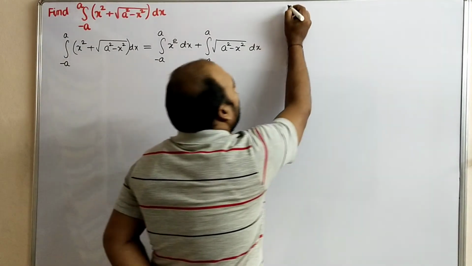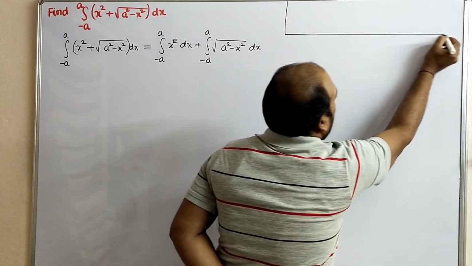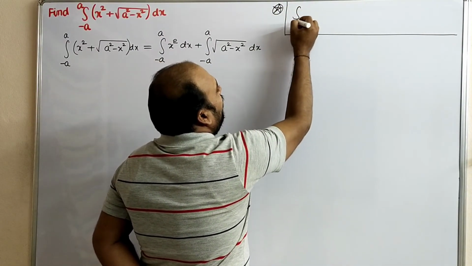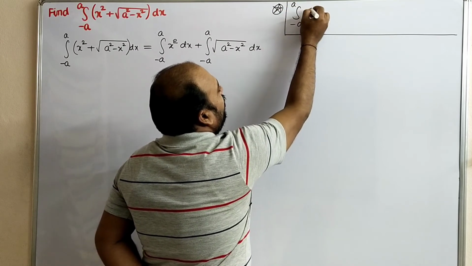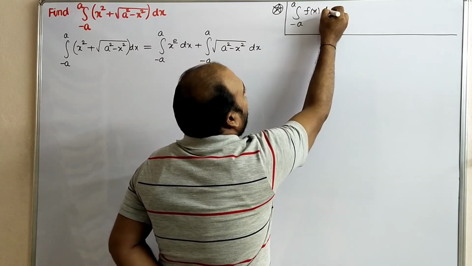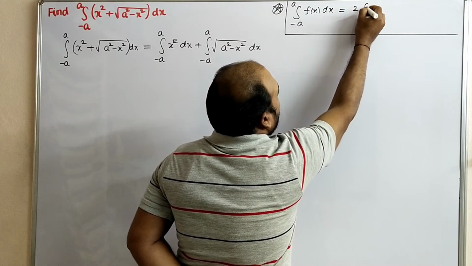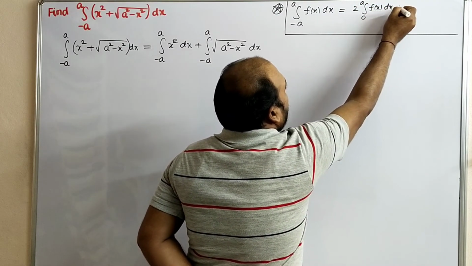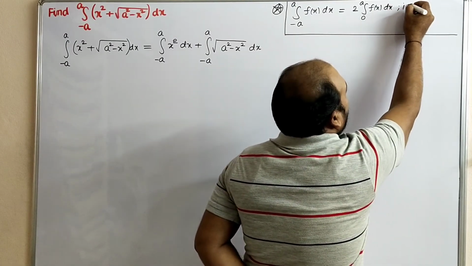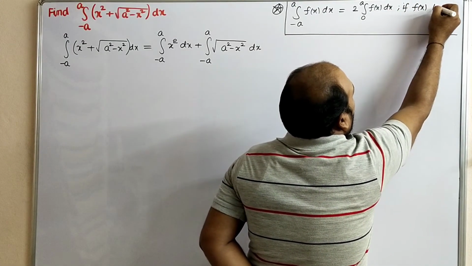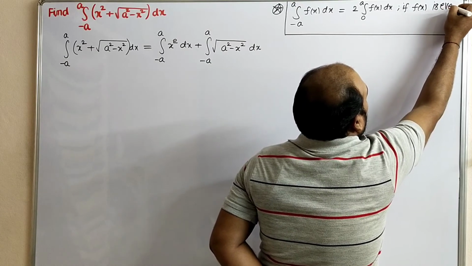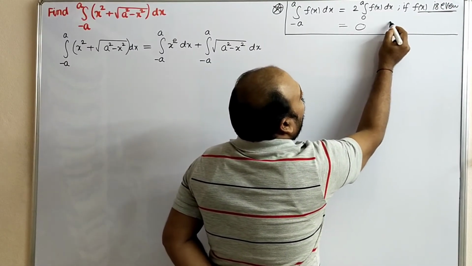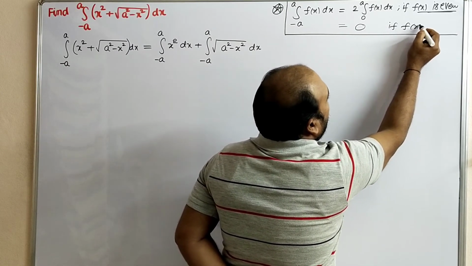So we have one property in definite integrals: integral minus a to a of f of x dx is equal to 2 times integral 0 to a of f of x dx if f of x is an even function, and it is equal to 0 if f of x is odd.